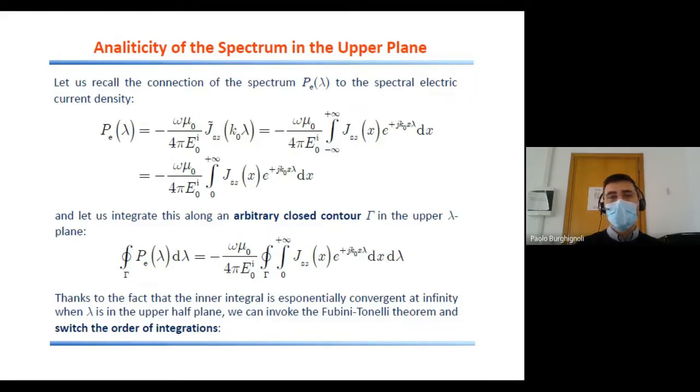To see that, we may change the spectrum and transform of the surface current density, which is written explicitly here. So the spectrum is up to some constants, basically the Fourier transform of the surface current density. This is the integral written here.